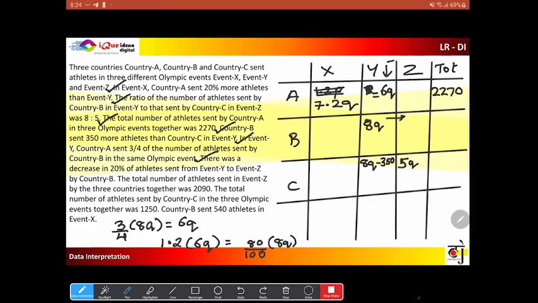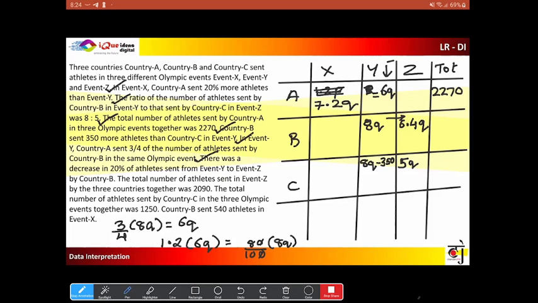So 80% of 8Q, if I calculate, should be equal to 6.4 times Q. So can I say B has sent 6.4 times Q athletes in Z? Correct? 20% less is 80%. So 80% of 8 is 6.4 times Q.